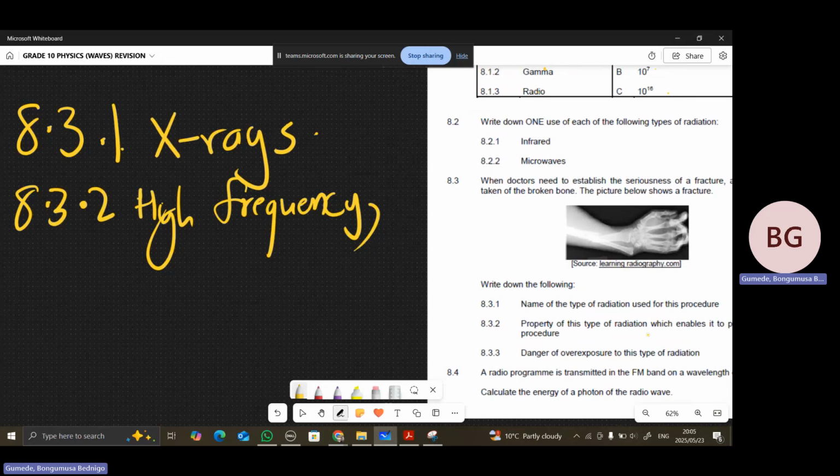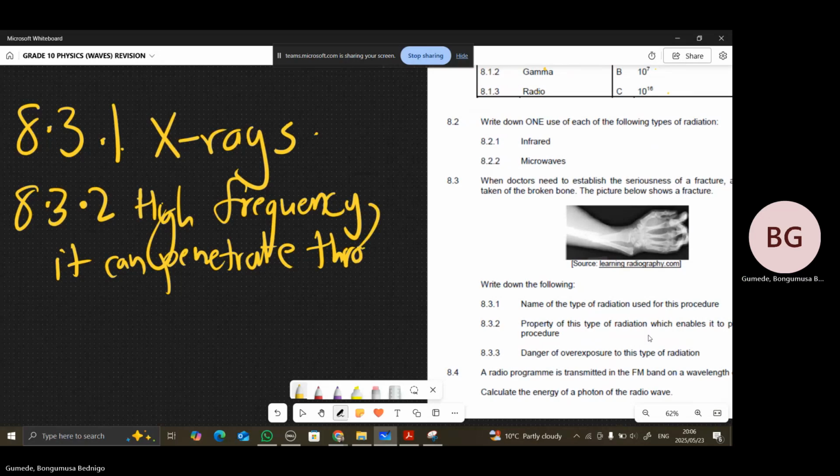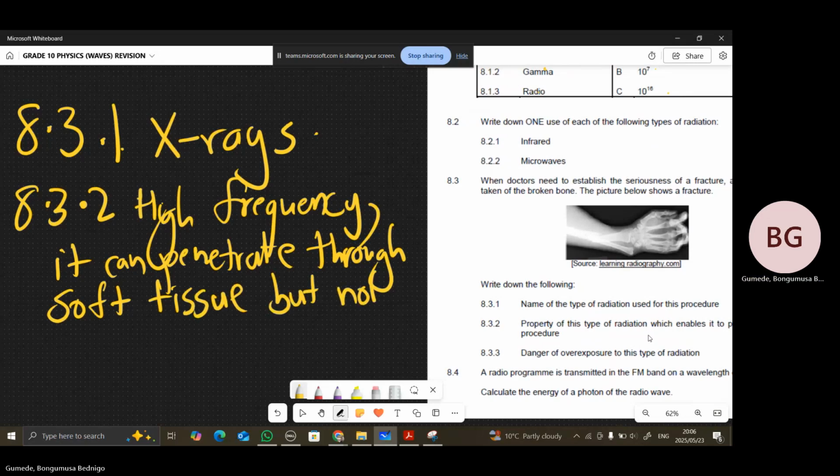But this frequency in this case allows it to penetrate through soft tissue, but not through bones.